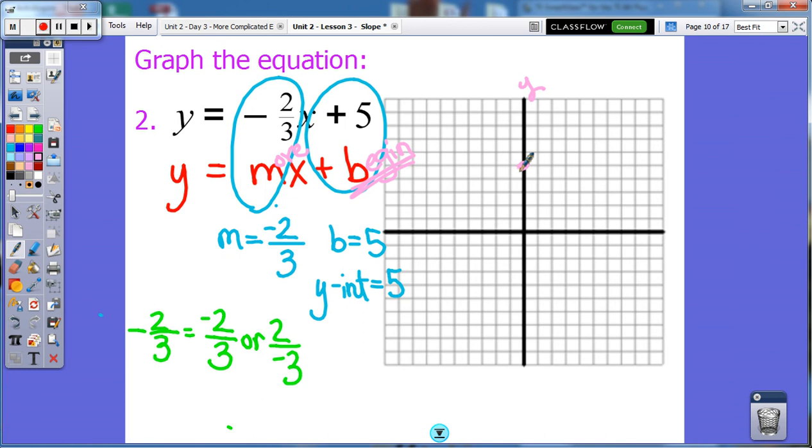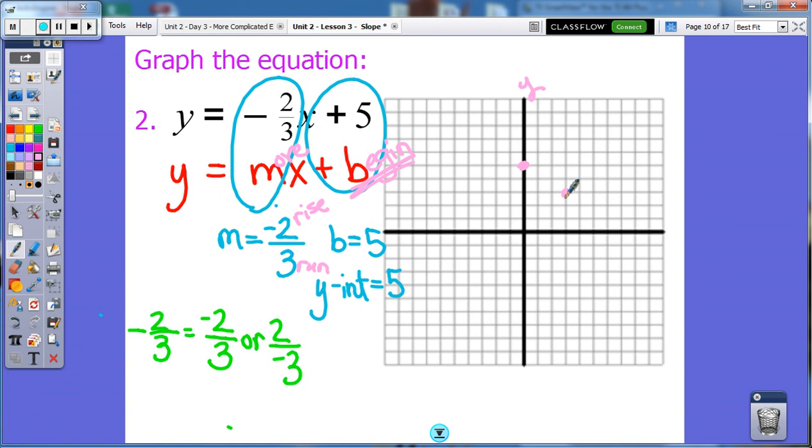Then we're going to come to our slope, and we're going to move -2/3. Guys, slope is rise over run. So from that dot that I just made, not from the middle, but from the spot that I just made, I'm going to go down 2 and to the right 3.